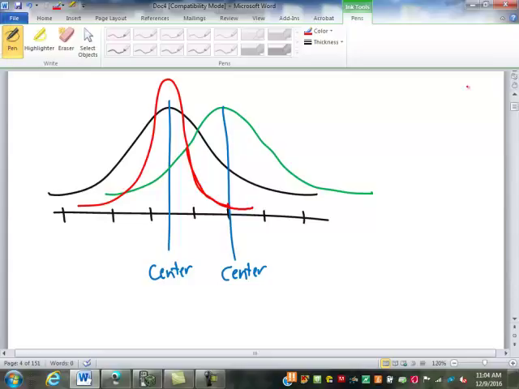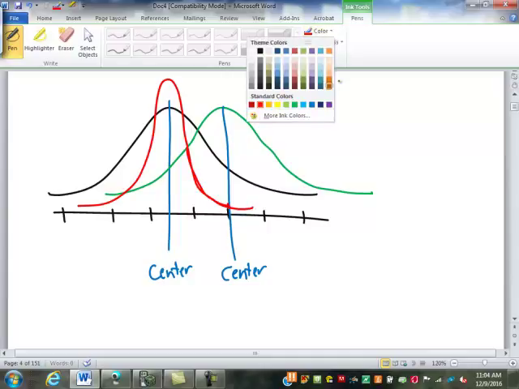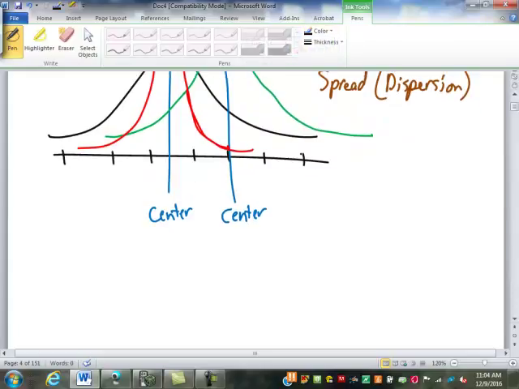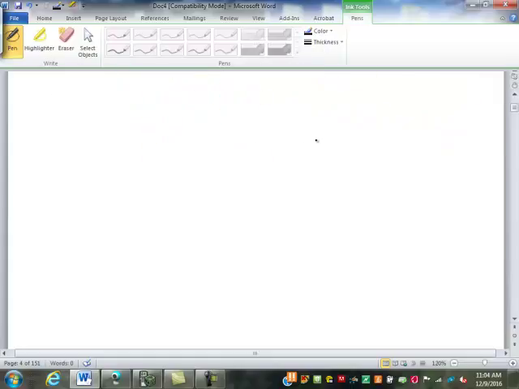We would say that the black one is wider or more spread out. So the two things we're going to measure the most are center and spread. Spread is also sometimes referred to as dispersion. How far apart is the data dispersed? So I'm going to create a small set of data here for us to use.